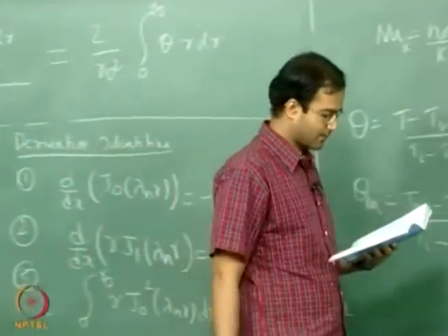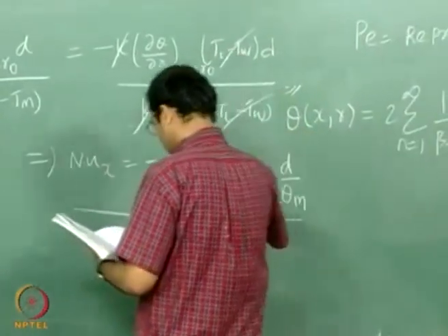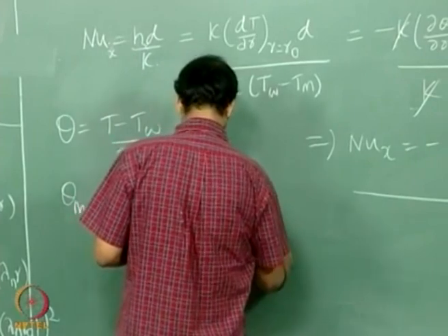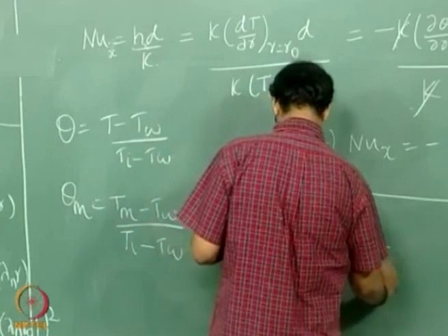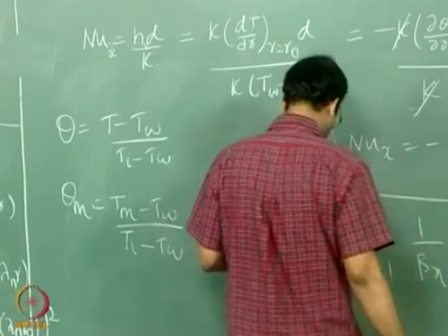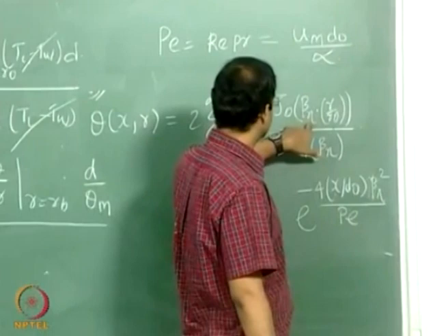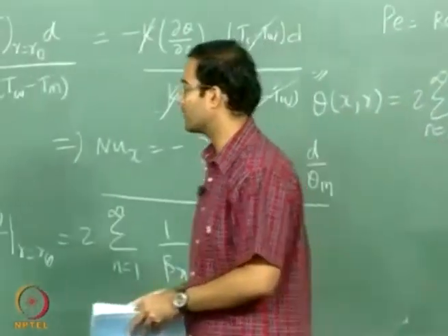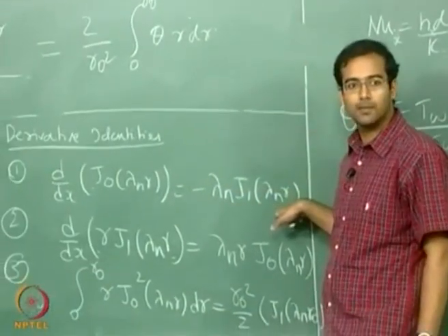Okay, so it is just a very simple manipulation, and from your theta you can also calculate your d theta by dr at r equal to r naught, which comes to twice summation n equal to 1 to infinity 1 by beta n. So now when you differentiate, you have to differentiate J0 into lambda into r, right. So J0 lambda into r, as I said, that is nothing but minus lambda n J1 lambda n r.